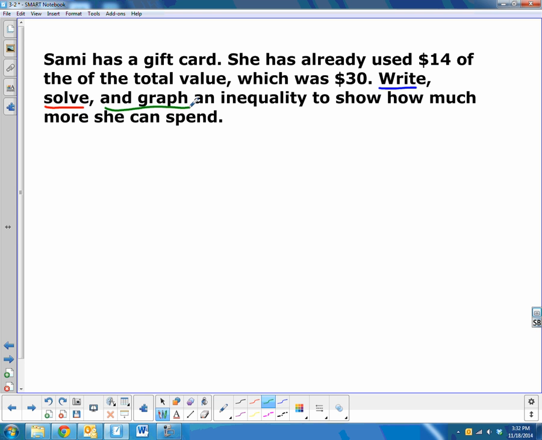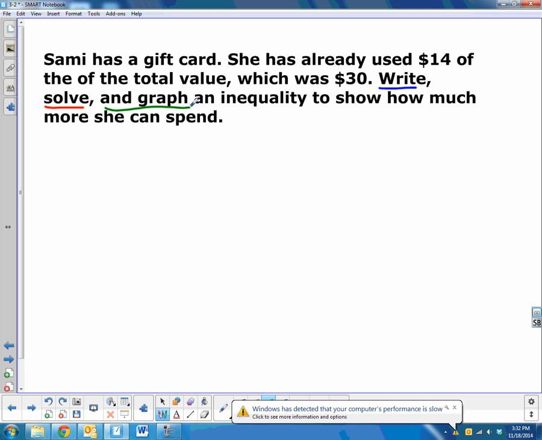You can't just tell me what the answer is. You have to be able to write an inequality. How could you put this situation into an inequality, into an algebraic expression? So she had $30. She's already used $14 of that total value. We have to write and solve an inequality to show how much more she can spend.